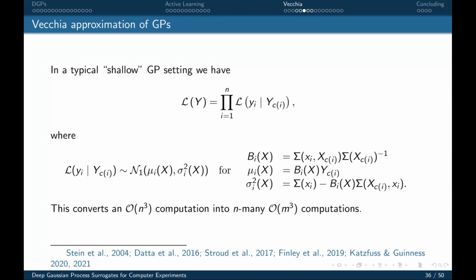If I do that, then I've converted a cubic in n problem into a cubic in m problem, and many cubic in m problems. So if m is really small relative to n, this would be a huge savings.